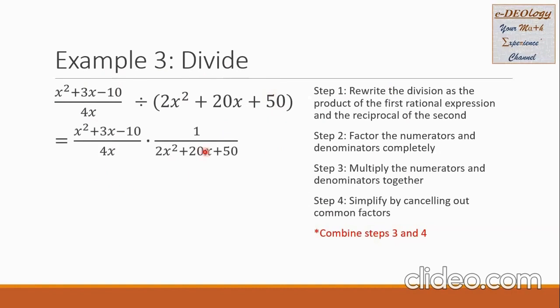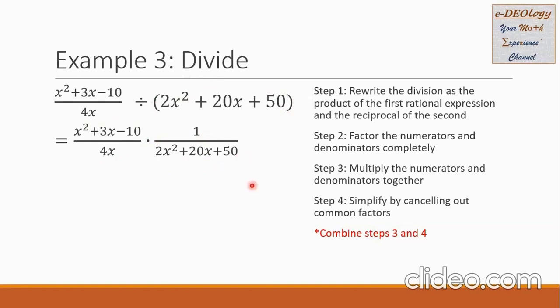So our problem now becomes the first rational expression and then times 1 as the numerator all over this polynomial. So the 2x squared plus 20x plus 50 is now in the denominator.